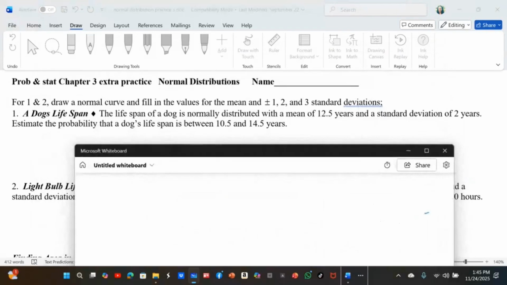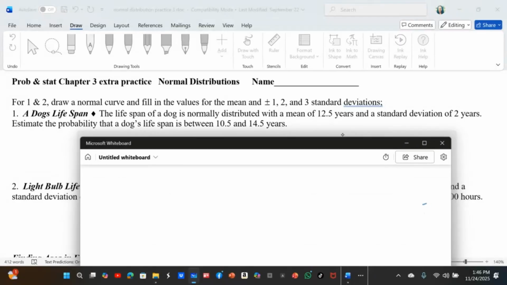This says draw a normal curve and fill in the values for plus or minus 1 standard deviation, plus or minus 2, and so on. A dog's lifespan: the lifespan of a dog is normally distributed with a mean of 12.5 and a standard deviation of 2 years. Estimate the probability that a dog's lifespan is between 10.5 and 14.5.